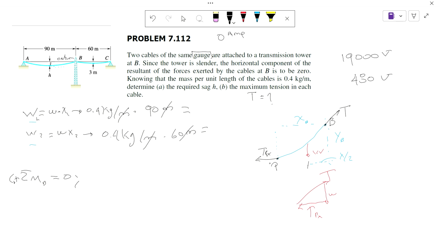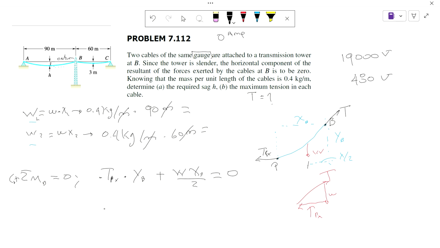In that case, we have TPX doing a clockwise moment with respect to B. So that is going to be negative times a distance of YB, the vertical distance, and then this W is going to do a positive moment at a distance of X over 2, XB over 2.